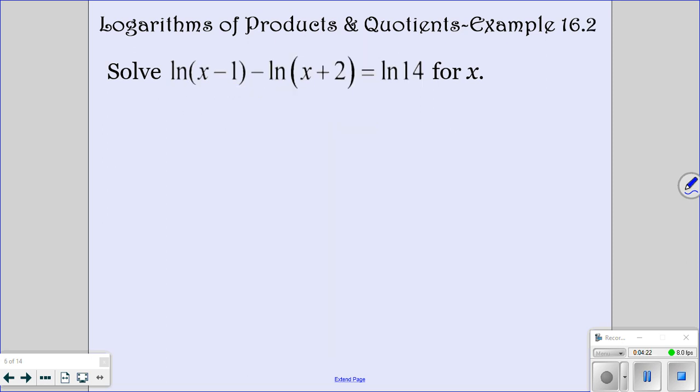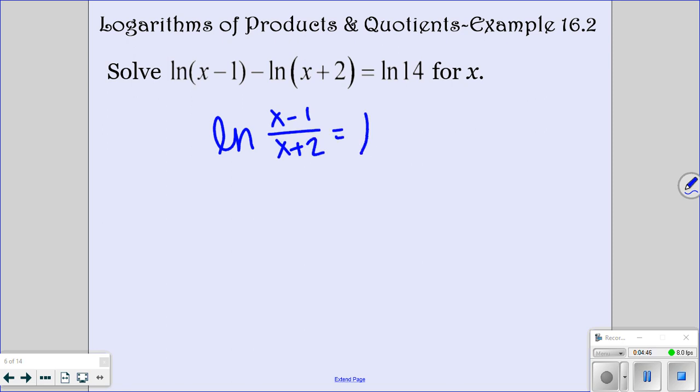Looking at the next one. This one is natural logs. However, the same rules apply for logs and natural logs, because it's just a log base e. So the way that we combine these two on the left side, there's a minus sign, so we're going to divide. So we're going to have natural log of x minus 1 over x plus 2.